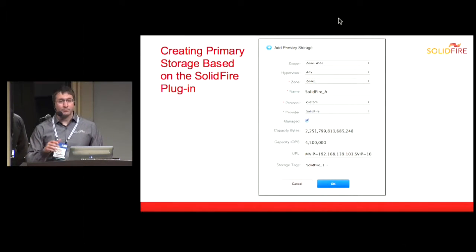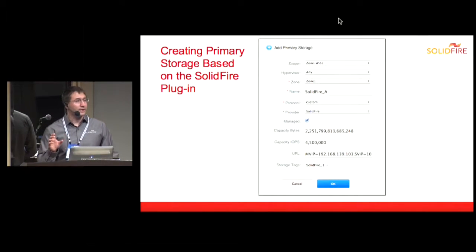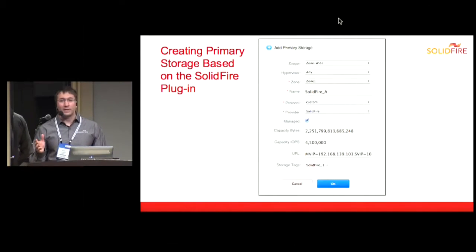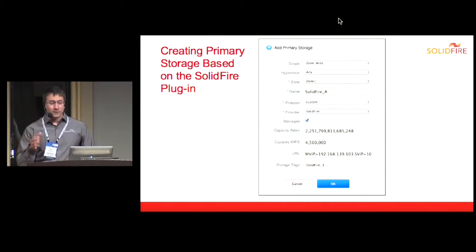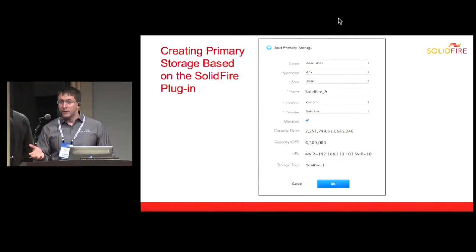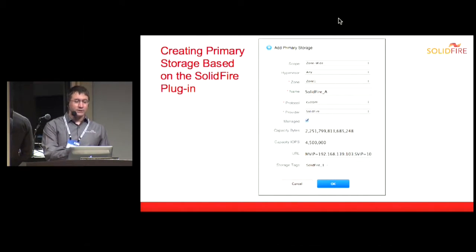One of them is this provider. Now this combo box is populated automatically by all of the storage plugins that are installed in your CloudStack installation. So the SolidFire plugin, it's part of the CloudStack code base, so you would just see this as an option by default. I've gone ahead and selected it in the list. This is known as managed storage.